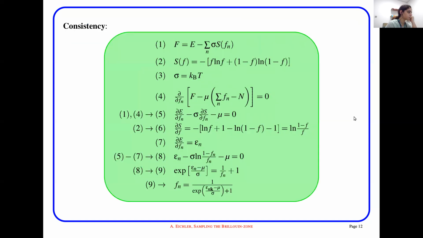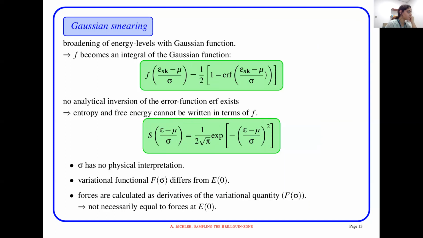There is a lot of formula that I don't think I really need, but anyway. The way we are doing it here, because it's always easy, is through smearing with a Gaussian function. So instead of going abruptly from 1 to 0, the function goes continuously from 1 to 0, and this is done through an error function.